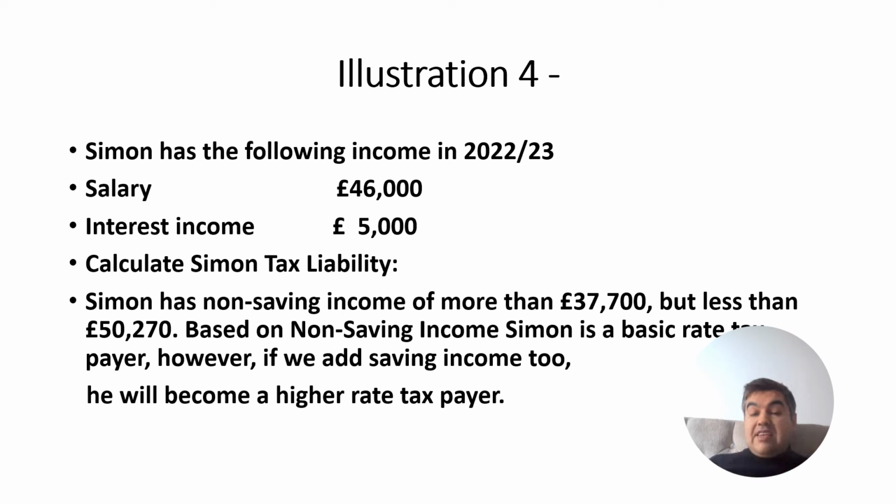Simon has a salary of 46,000 and interest income of 5,000. So Simon has non-savings income more than 37,700, as we saw in the previous slides, but less than 50,270. So based on the non-savings income, Simon is a basic rate taxpayer. However, if we add savings income, he will become a higher rate taxpayer.